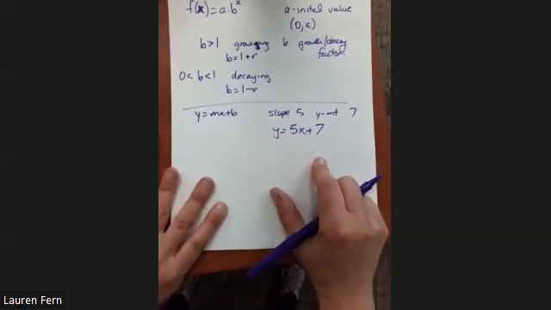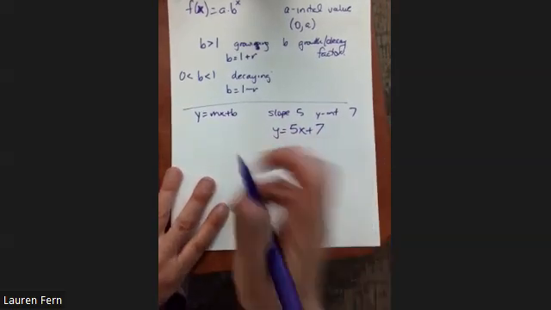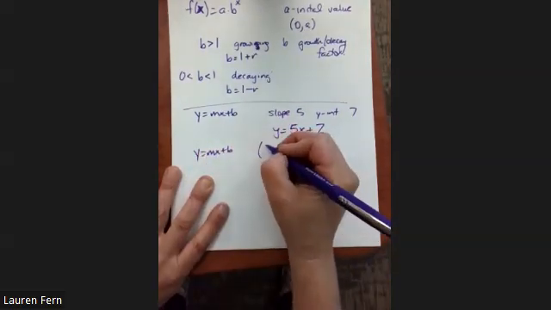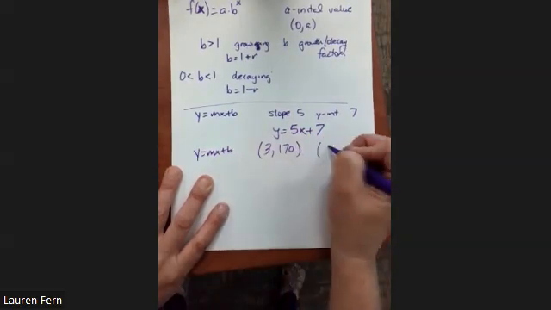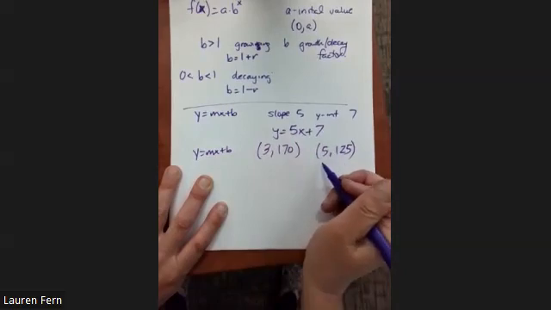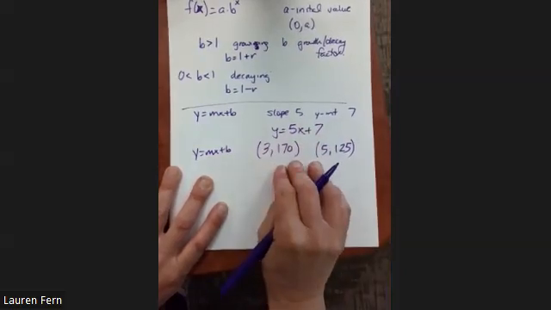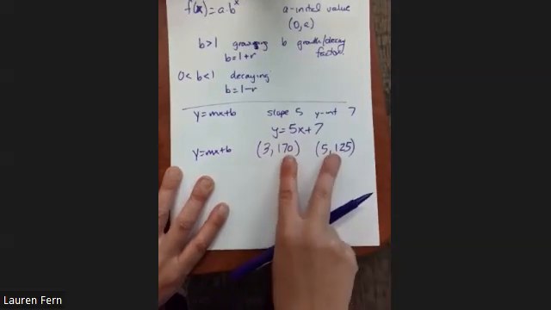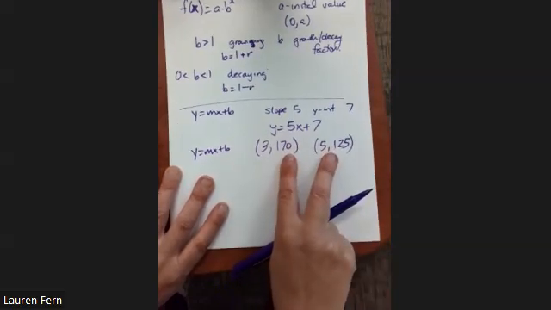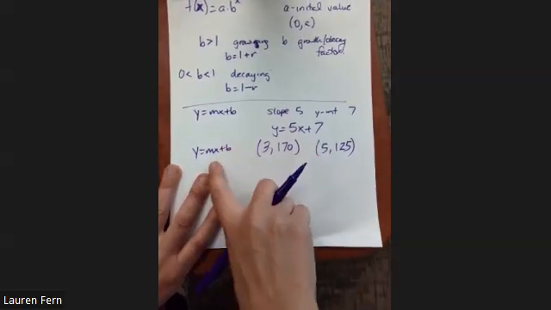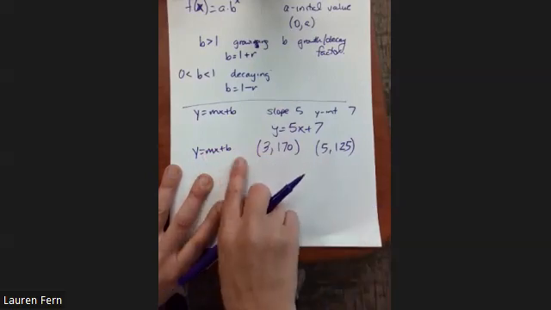But it was a different kettle of fish if I said, find the equation of a line that passes through, who cares what ordered pairs. Then we could still find the equation of our line, but didn't it take more work? Because first we had to find our slope, and then we would plug that in for m, and then plug in one of these ordered pairs to find our y-intercept.